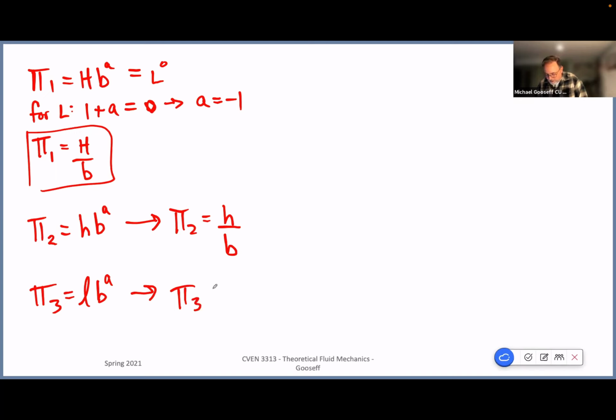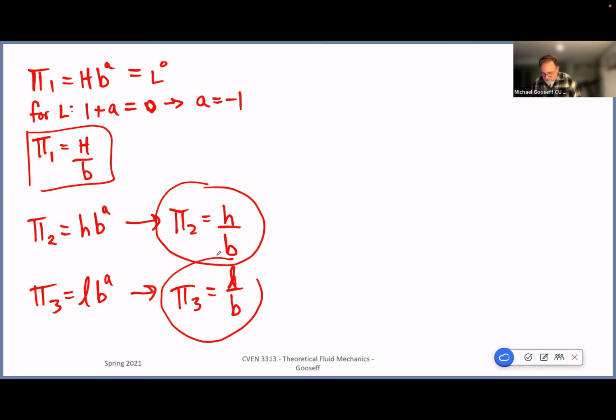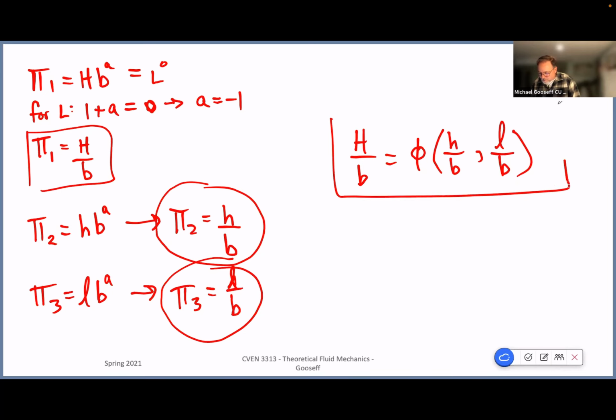But pi 3 comes out to be L over b. Okay? So now our equation looks like this, the master equation from the previous slide. We basically have that H over B, this ratio, is equal to some function of little h over B and L over B.